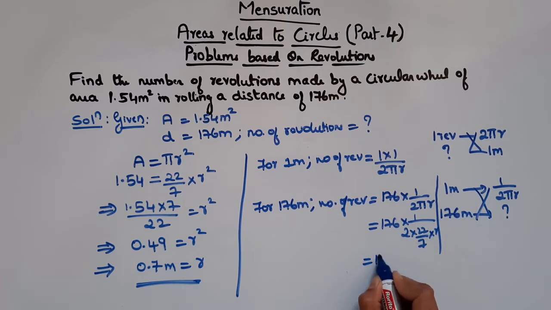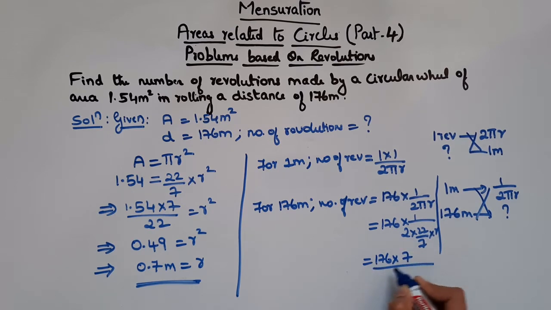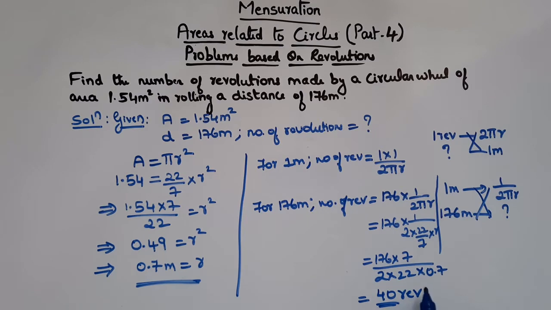So which is equal to 176 into, this 7 will go to the numerator, 7 by 2 into 22 into r, here r is 0.7, which is equal to, when you simplify this, you will get 40, which is nothing but revolutions. So hence the circular wheel makes 40 revolutions in rolling a distance of 176 meters. I hope this is clear.